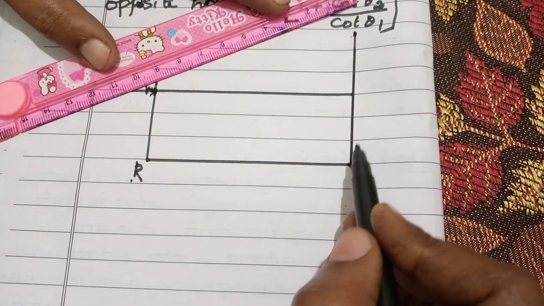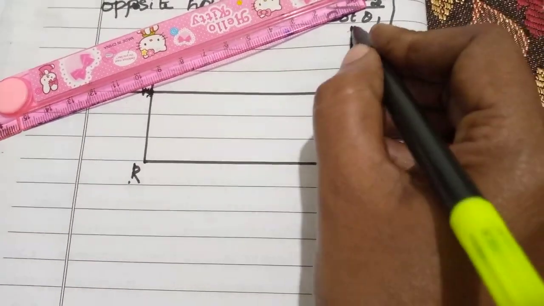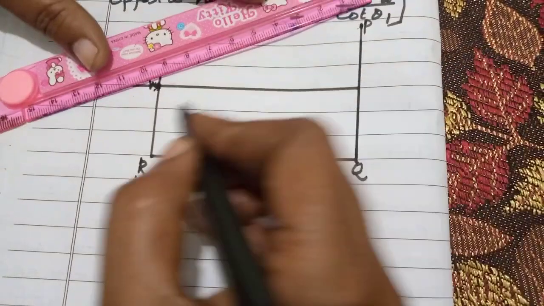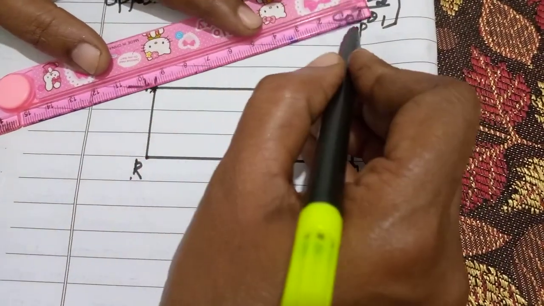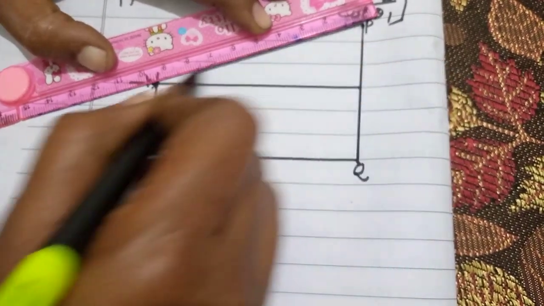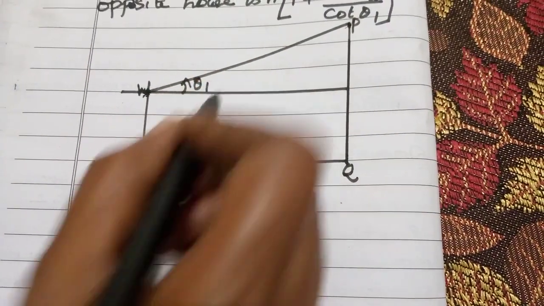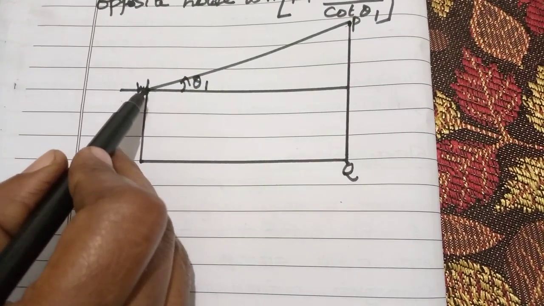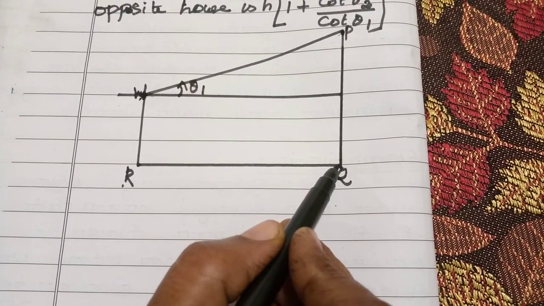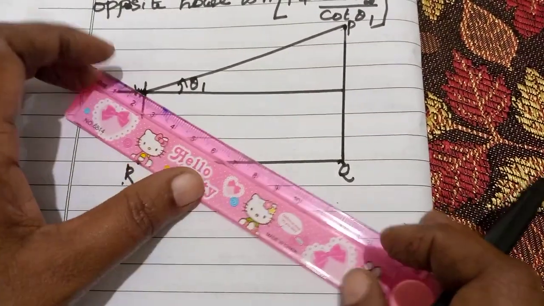This is opposite side. It is the height of the house. Let us name it PQ. PQ be the height of the house. Angle of elevation of top of this house is theta 1. Okay, and angle of depression from here to this foot of this house is given theta 2. Okay, so here we have to join.